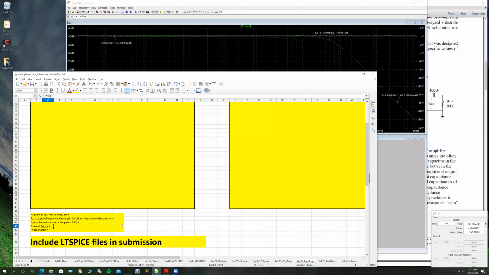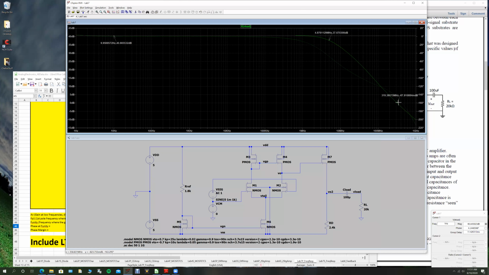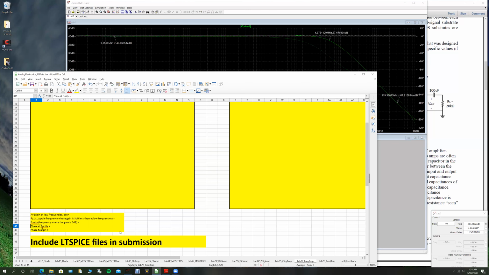And the last things are phase related. So we need what is the phase at that frequency. So at 319 megahertz, follow this up to the phase plot and then follow that over. And it looks like it's about minus 150 degrees. So phase at unity, minus 150 degrees. Phase margin is calculated from the difference of 180.